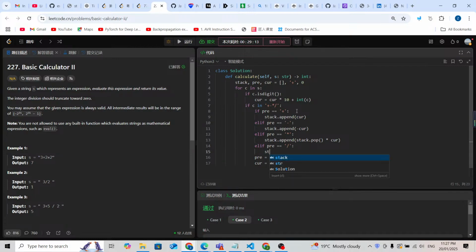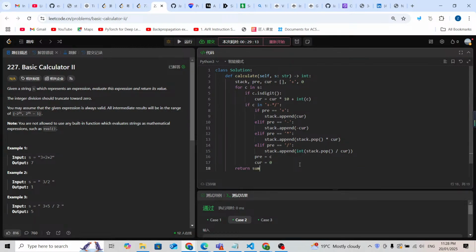So what am I going to do? For the stack, I need to append the stack dot pop divided by the current, but the final result is going to be an integer. As you can see, the final result is an integer, so I need to turn this number to an integer. Finally, I need to return the sum of the stack.